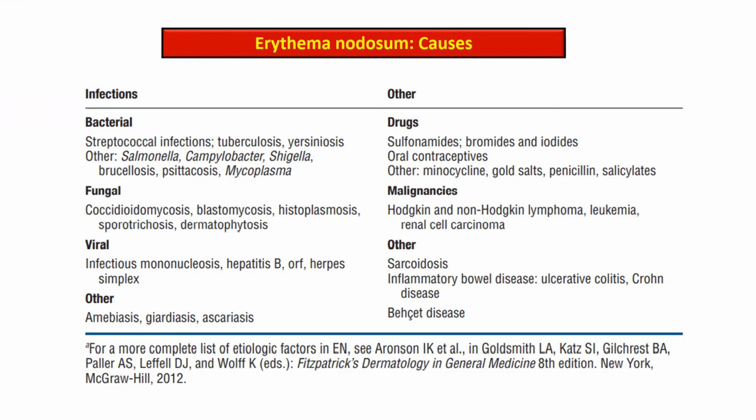This is a more detailed list of causes of erythema nodosum. This condition is associated with bacterial, fungal, viral, and parasitic infections. Also, there are drugs responsible: sulfonamides, bromides, iodides, oral contraceptives, minocycline, gold salts, penicillin, and salicylates.